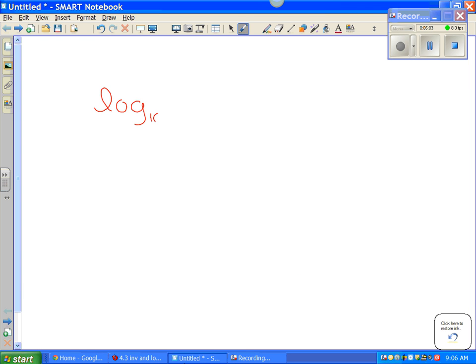Log base 10 of 1 equals 0. What do you notice about the 10? Tell me about its characteristics. It's smaller. It's below. What do you notice about the log, the 1, and the 0? Yeah, these are all on one same line. The only thing that's been dropped down a little bit is the 10.